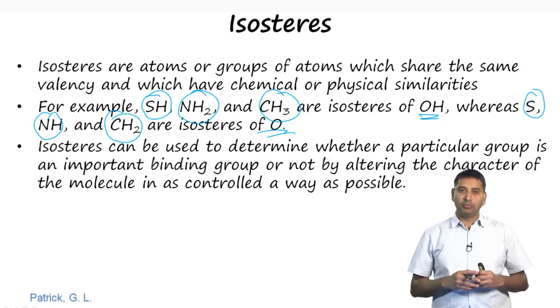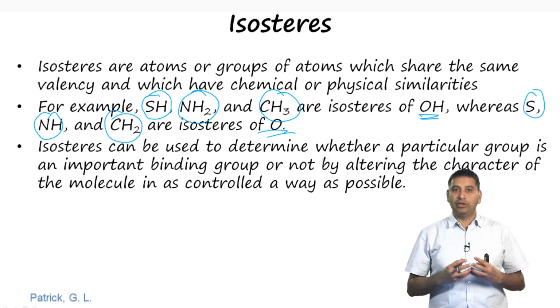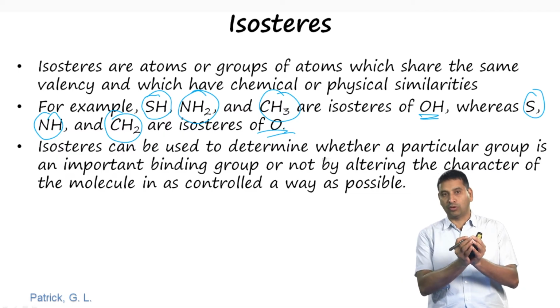So, isosteres are very important because they can be used to determine whether a group is important in binding or not. If one were to replace the group with an isostere, then we could in a fairly controlled way find out whether that group is important or not.